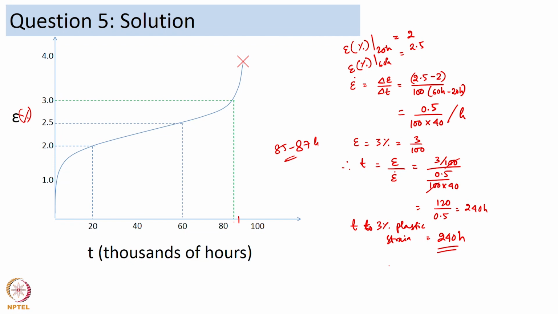If you are allowed a maximum plastic deformation of 3%, and what we see is the actual time taken is only 85 hours, and since the engineer has to use a factor of safety of 1.5, the useful service life of the material is going to be 85 over 1.5.